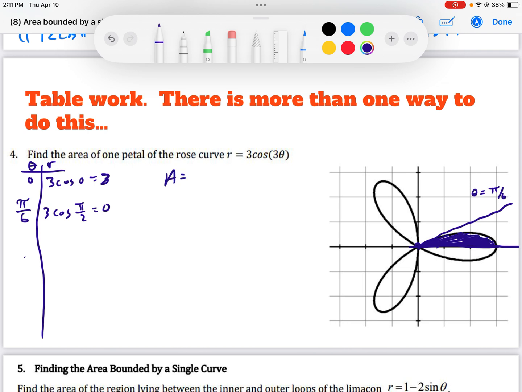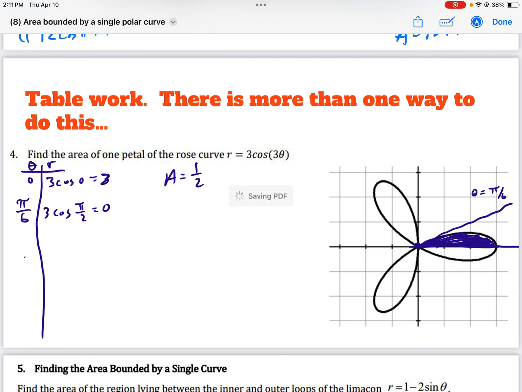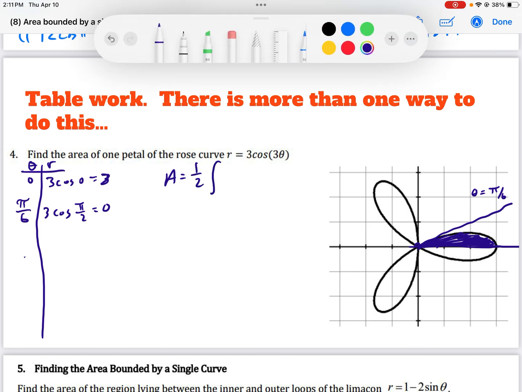So I'm going to start out by saying area is equal to 1/2 integral from alpha to beta of the radius squared. In your calculator, it's really important that you are careful with the parentheses. Put 2 sets of parentheses and the squared on the outside.